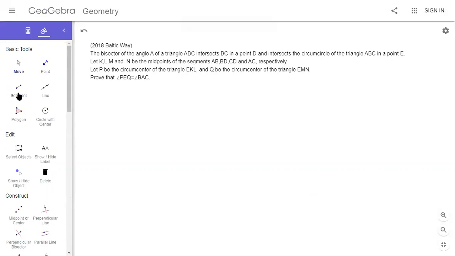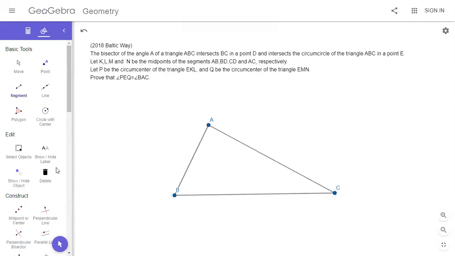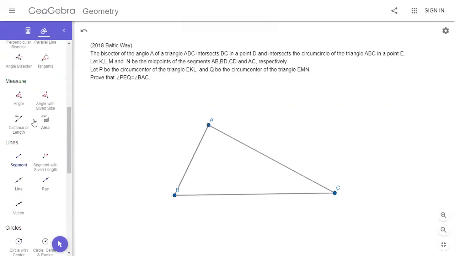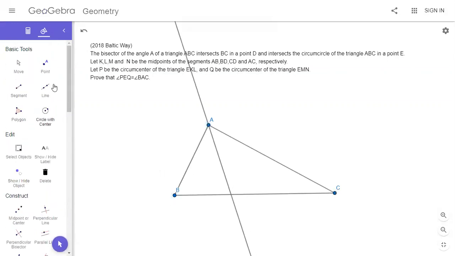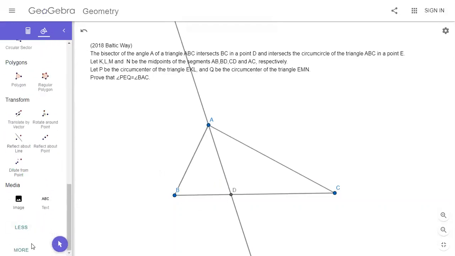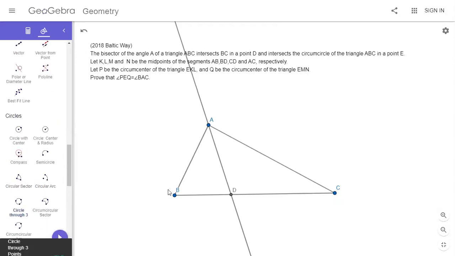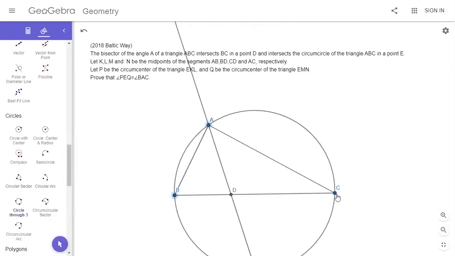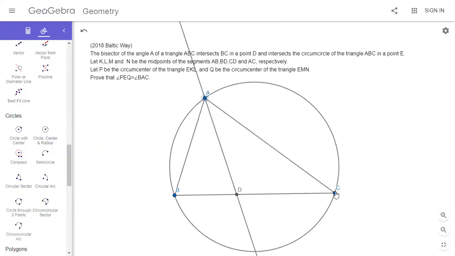Let's see. I think I looked at this one really quick. It looks interesting. So the bisector of angle A intersects BC in point D. And it intersects the circumcircle in point E, which is the midpoint of arc BC.